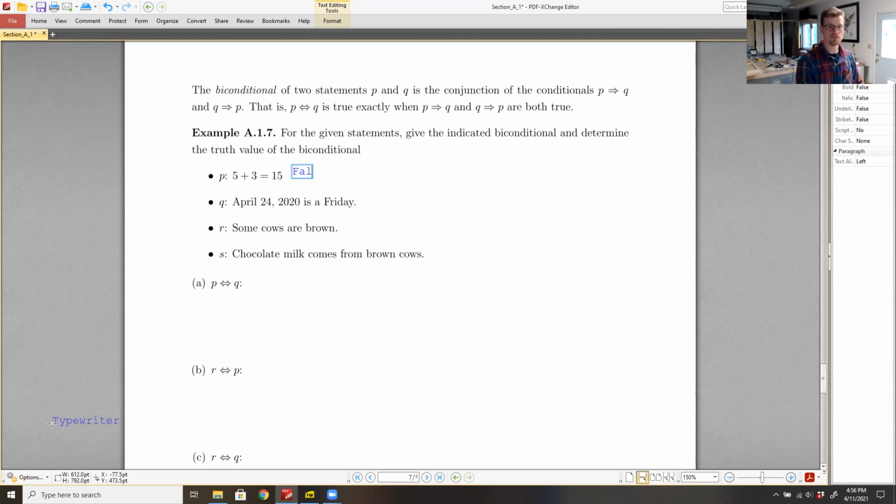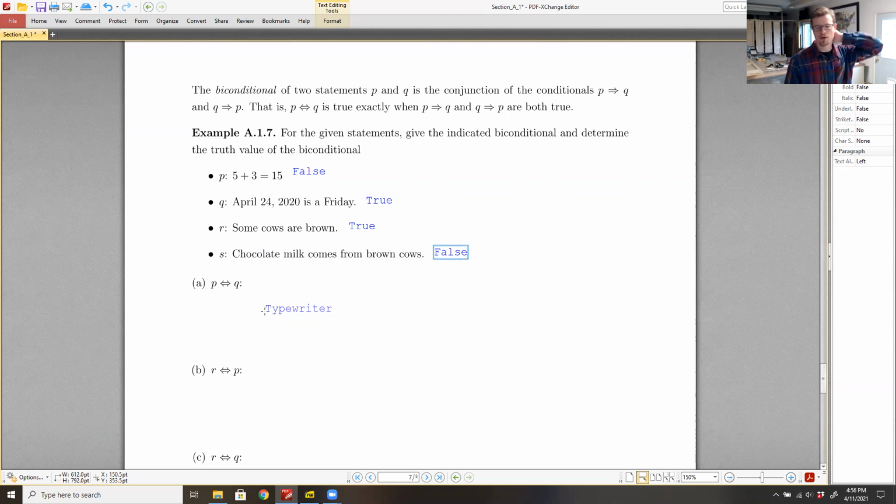Of course, P is still false. 5 plus 3 is not 15. April 24th, 2020 was a Friday. Some cows are, in fact, brown. However, chocolate milk does not come from brown cows.